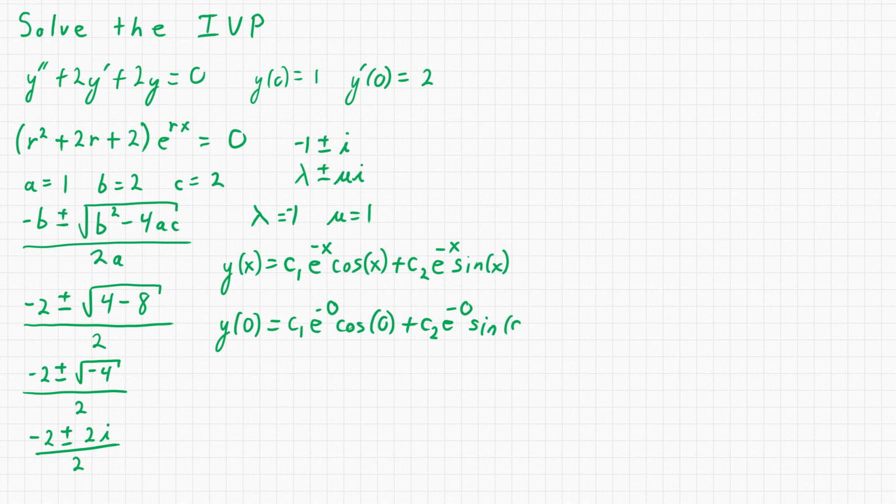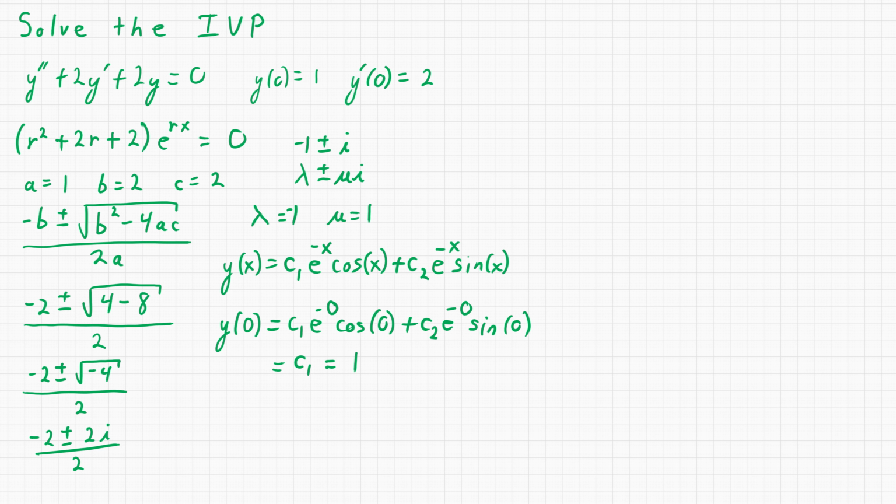All right, well, that's not so bad. So we get c1 times 1, cosine of 0 is 1, so this is c1. But then c2 times e to the negative 0, that's 1, but then sine of 0 is 0. So it's just c1. We also know y of 0 has to equal 1. That's specified in the problem. So c1 is equal to 1.